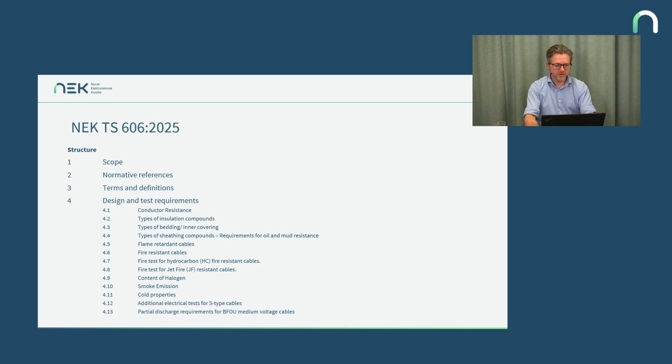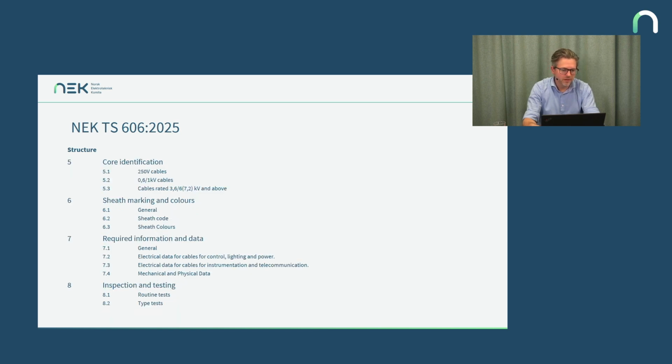So then we can have a brief look at the structure. I already went through the scope. And there's a list of normative references, etc. There are only a few terms and definitions, as most of the terms and definitions are already specified in the IEC standards. And then there are a number of topics on design and test requirements, as you can see here.